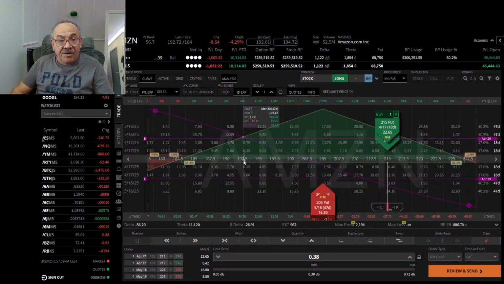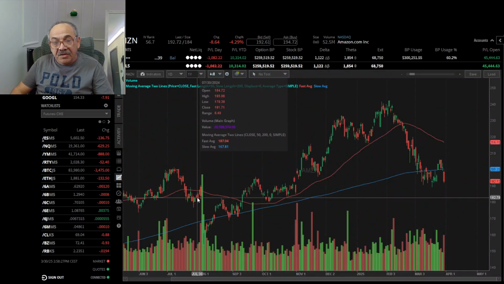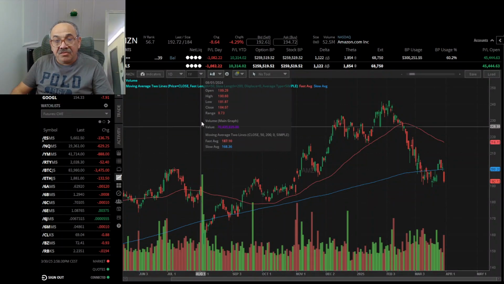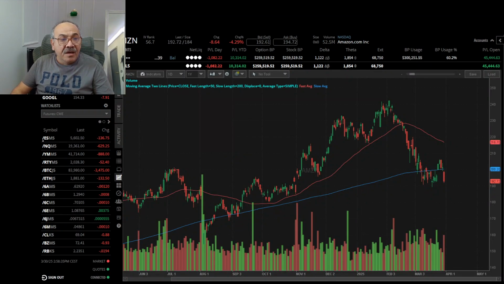If we were right on the edge of the structure, now we have reduced the profitability point from 192 to 182, 10 points lower. And right now this structure covers from 182 to 225.